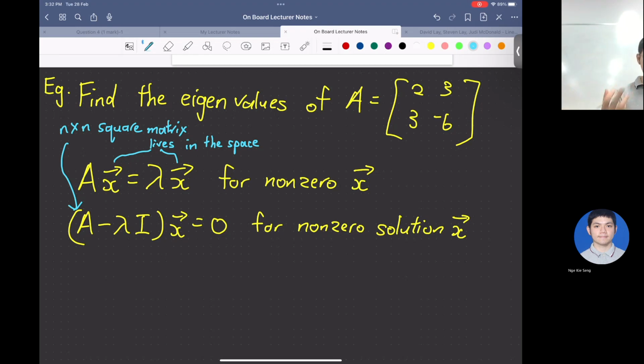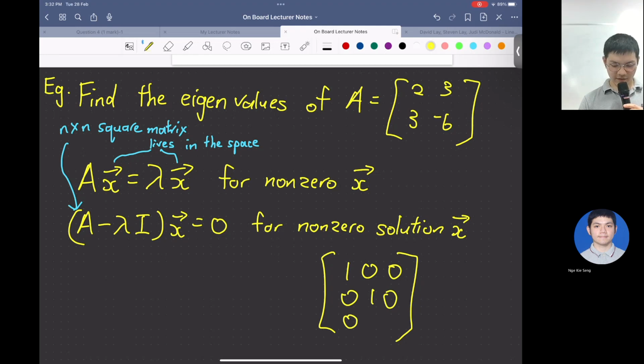So for an n by n square matrix, when do you have a non-zero solution to a homogeneous system? Try to imagine some n by n matrix. When does a 3 by 3 matrix have a non-zero solution to a homogeneous system?